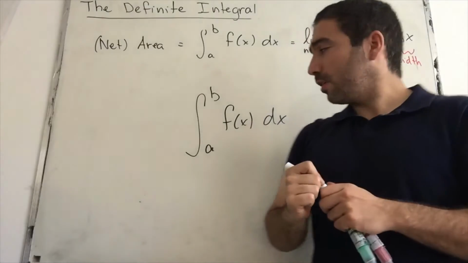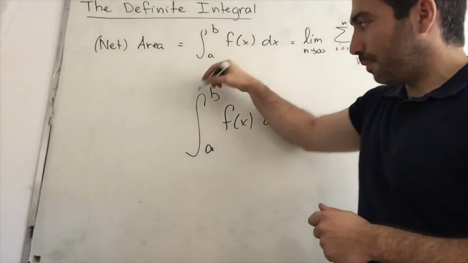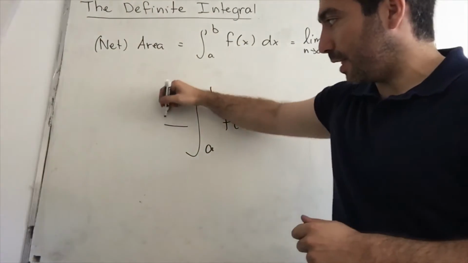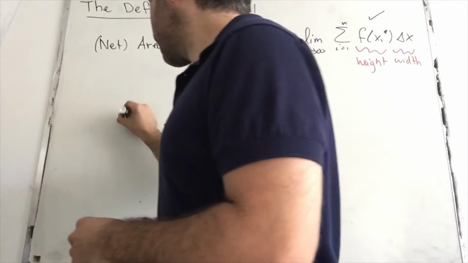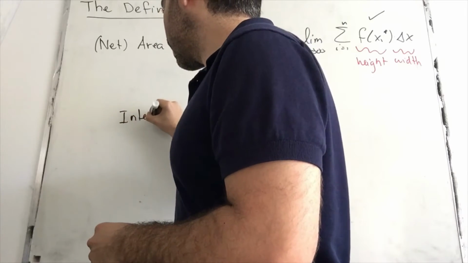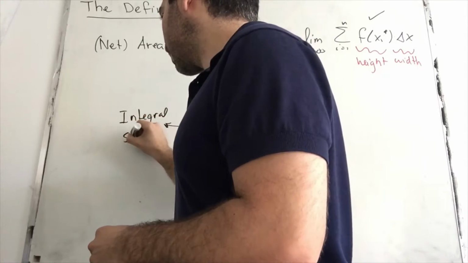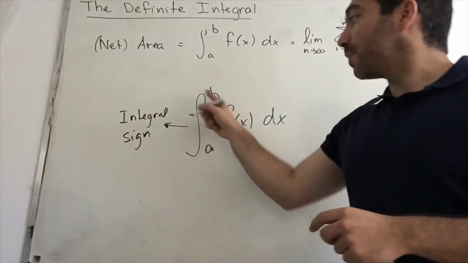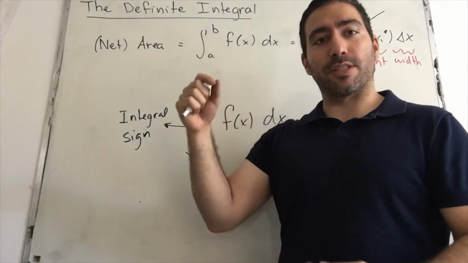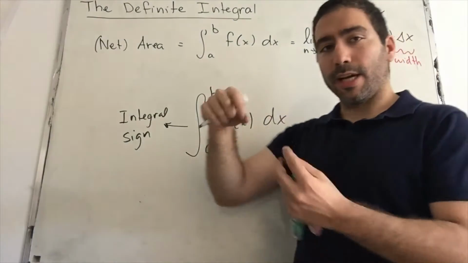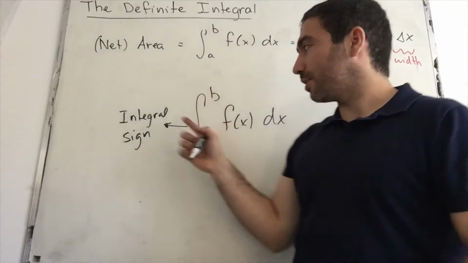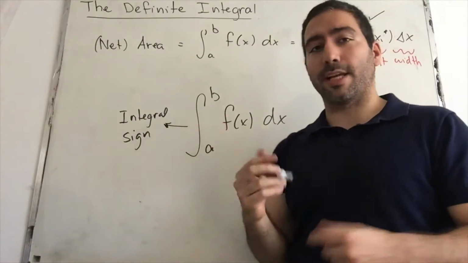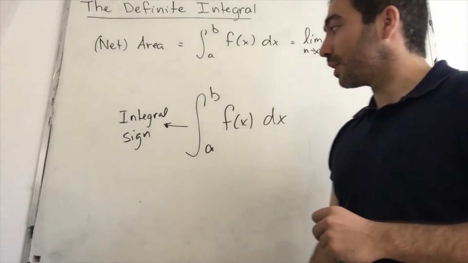First of all, I mentioned that this elongated s is the integral sign. This is the integral symbol. We're talking about the limit of a sum. Sum is the letter s, and you're taking its limit, so you're stretching it out. This is why we get a stretched out s symbol for the integral sign.